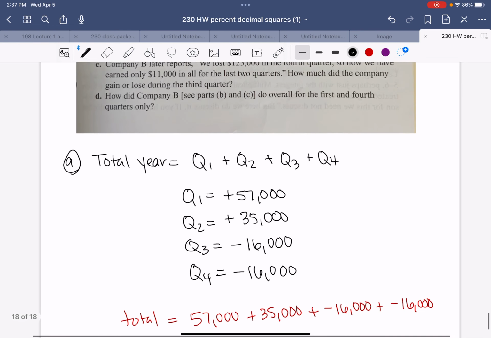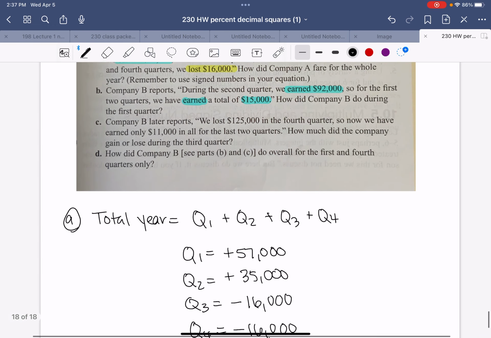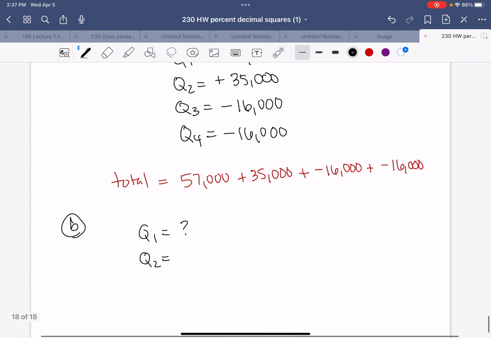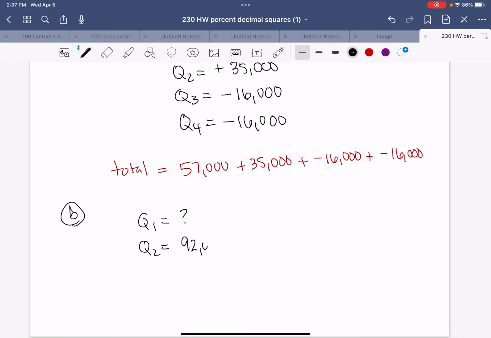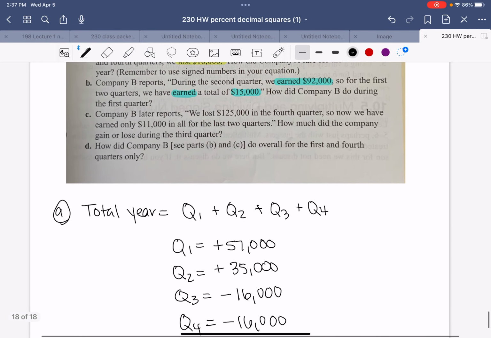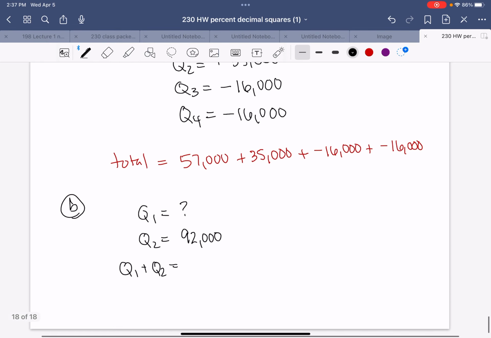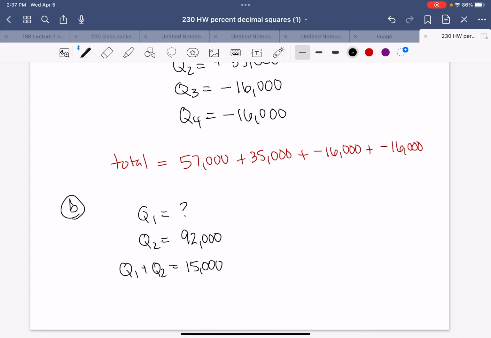Quarter 2, you know, represents 92,000. And then together, you know that they have earned a total of 15,000. So that's positive 15,000. So you know that Q1 plus Q2 has to equal 15,000.